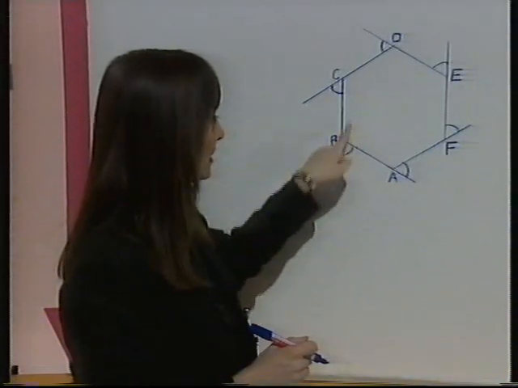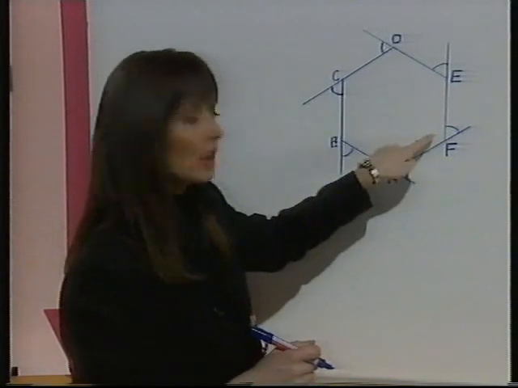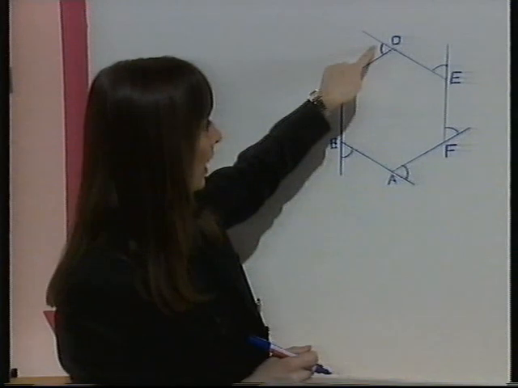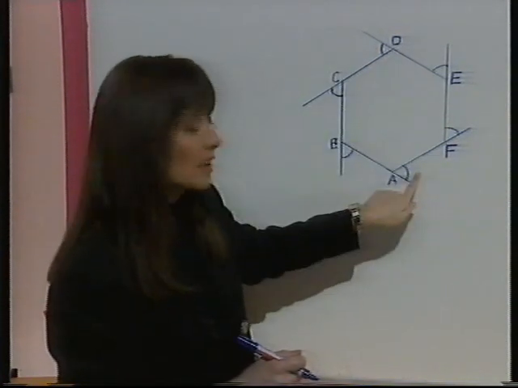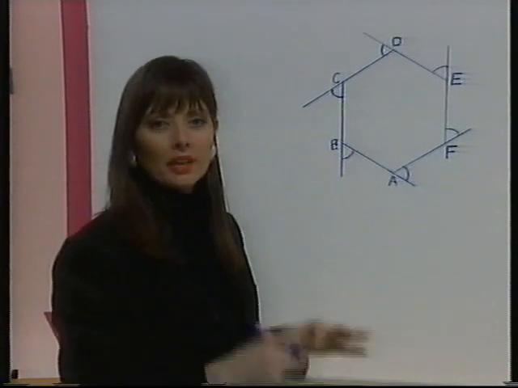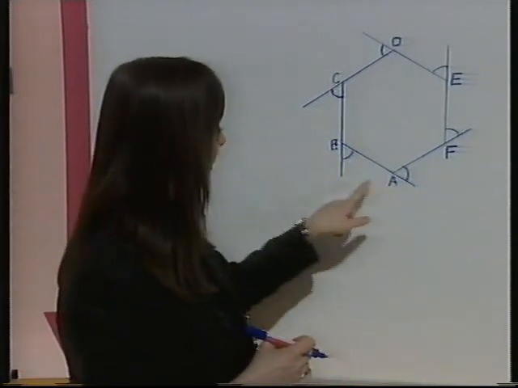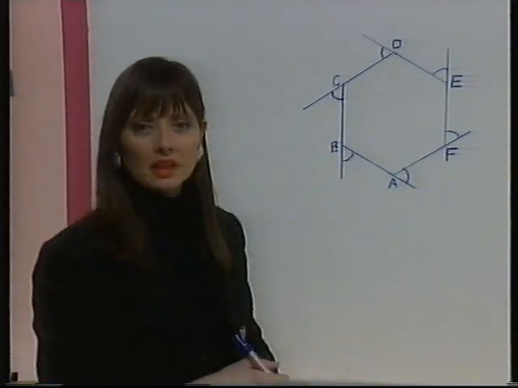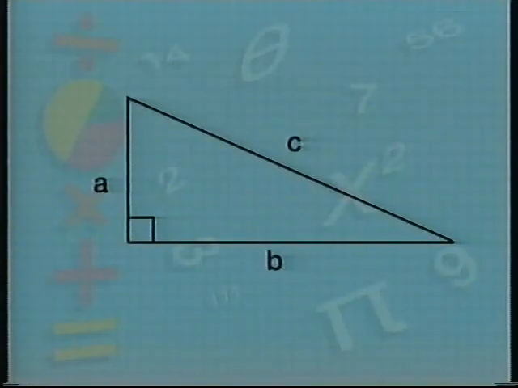These are the interior angles of a polygon, and these are the exterior angles, where the lines have been extended. And it doesn't matter how many sides there are, the exterior angles of a regular polygon always add up to 360 degrees. Right-angled triangles are very important, and there are a few rules to learn about them.